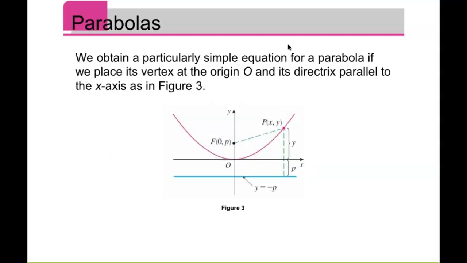All right, let me make sure. Okay. So we're going to create our equation of a parabola by setting the vertex at the origin. Then we're going to explore a particular point, (x, y), that lies on the parabola. We just chose some random point (x, y). The focus has coordinates (0, p).